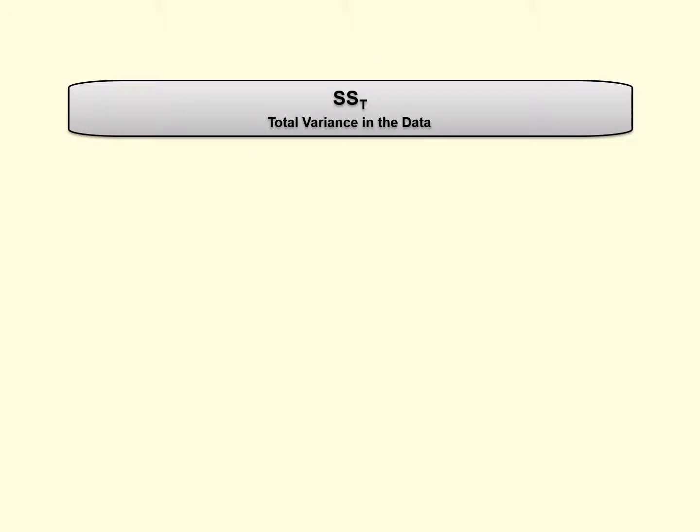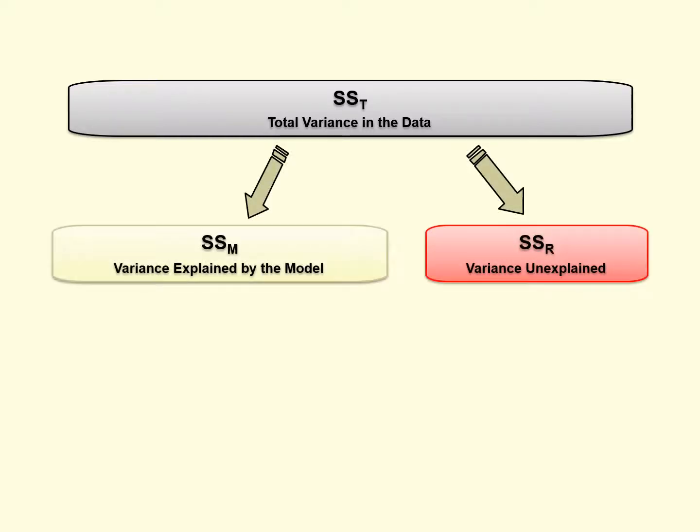So again, here's another attempt to pictographically represent this. We've got our total amount of variability. Some of it is explained by our predictor variables that make up our model, that is the augmented model. Some of it is unexplained.